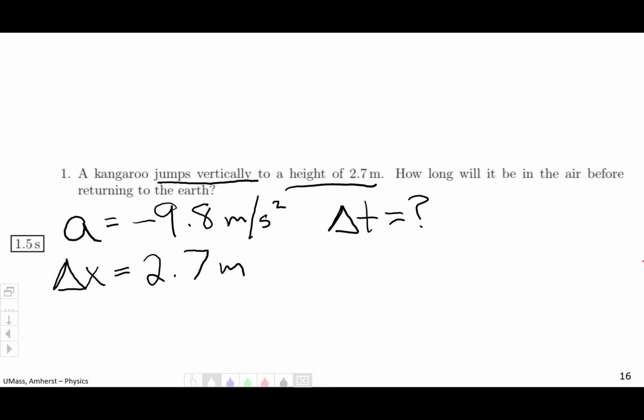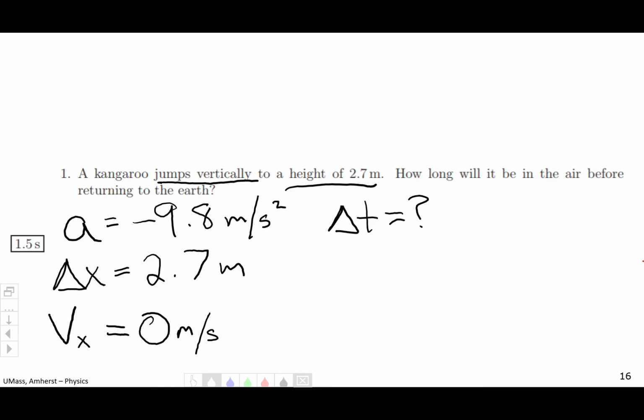So what we're going to do is identify that Vx equals 0 meters per second, because at the top of the jump, as we previously discussed, the final velocity is going to be 0.